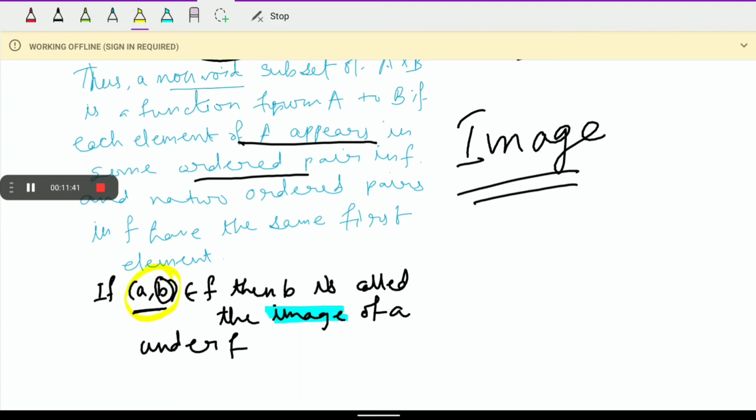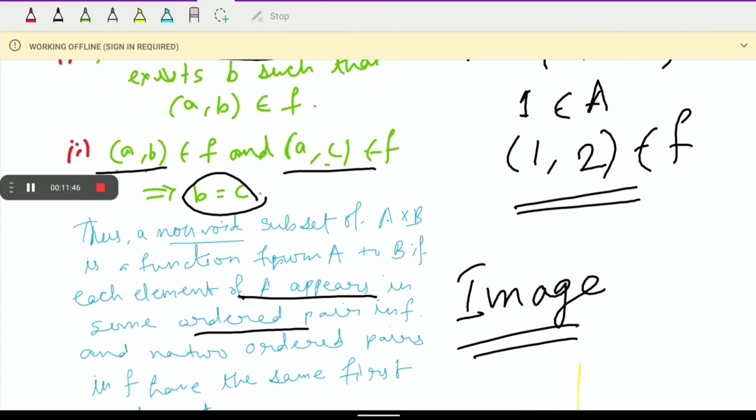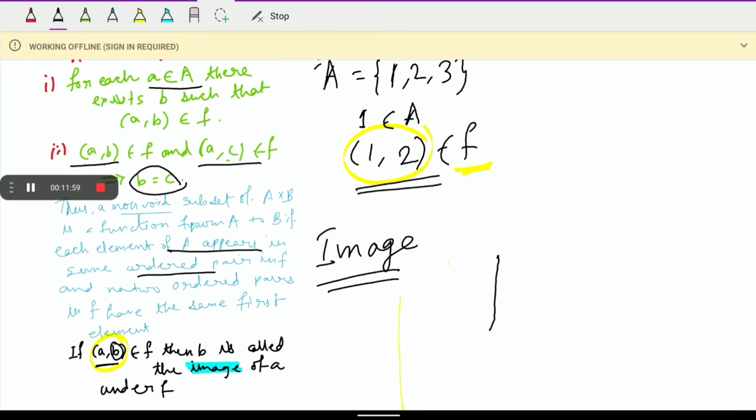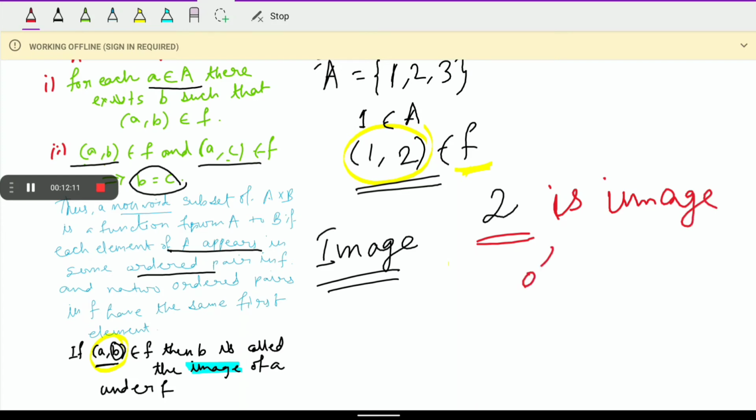Now here this is also written: the ordered pair (1, 2) belongs to f. Here b, that is the second element, is 2. So 2 is the image of 1 under f, that is, under that function.